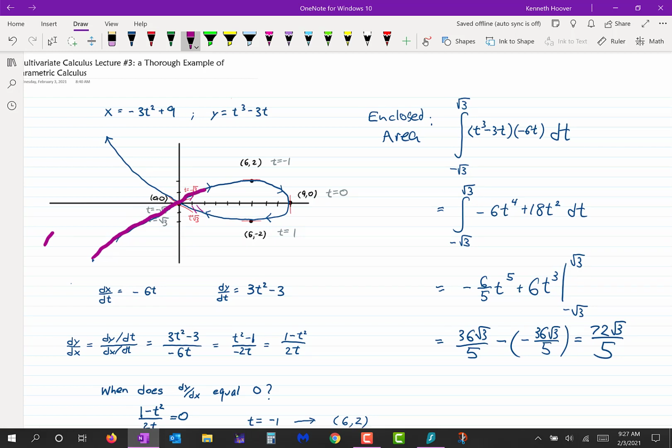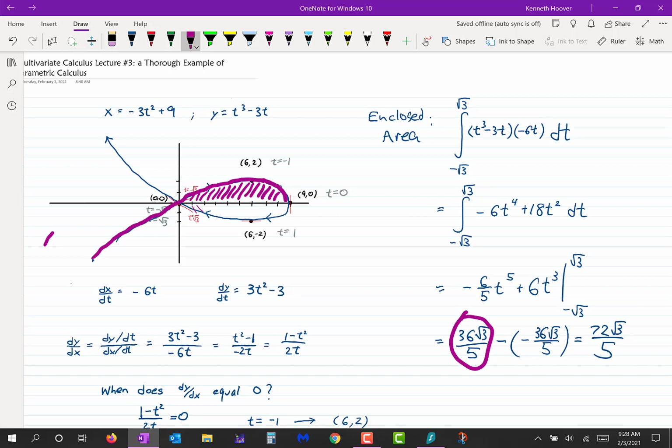And as it's going from negative root 3 to 0, it's tracing the top of this loop. And as it's doing that, we are accumulating this area. Do you know how much area that is so far? It's right here. That's the 36 root 3 over 5.